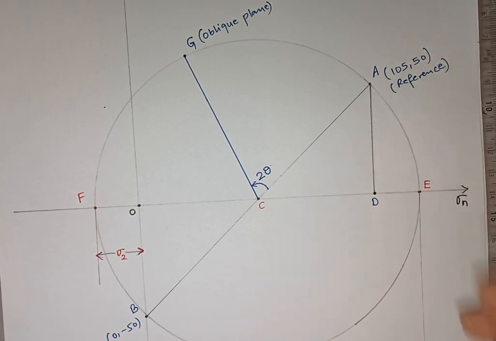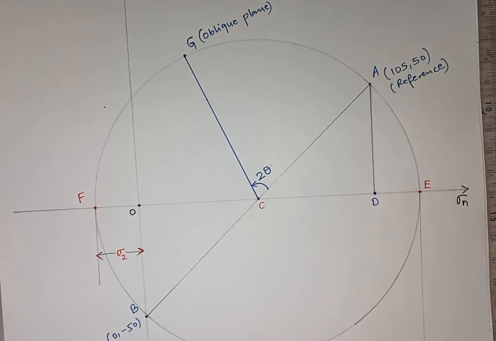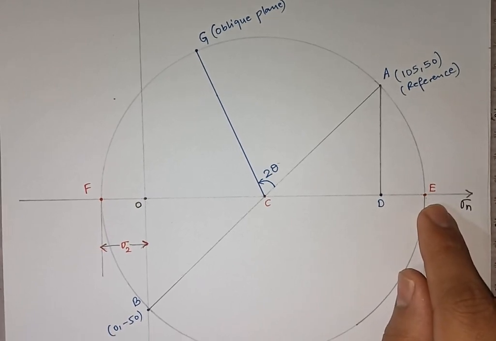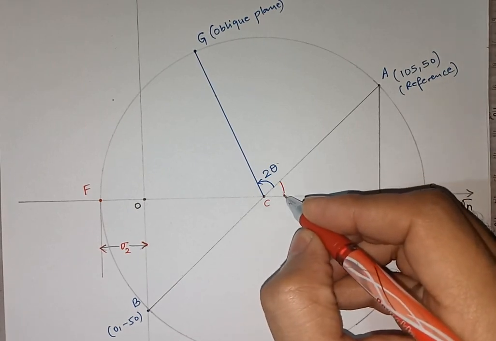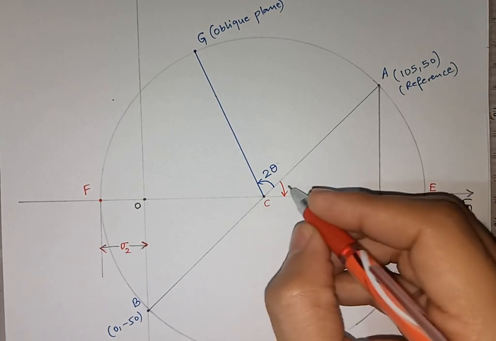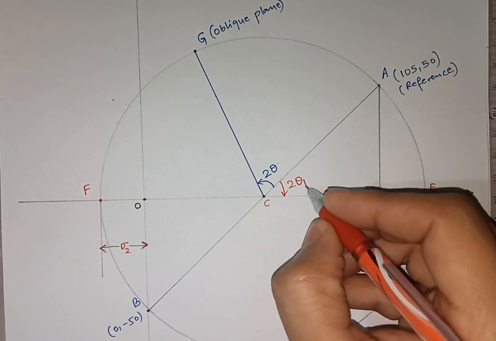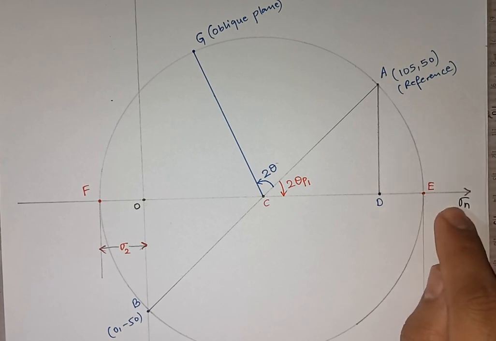A is my reference plane and point E is sigma 1. So this angle in this direction, mark the directions, it is important. In this direction it is 2 theta P1. Similarly, this is first principal plane, major principal plane.